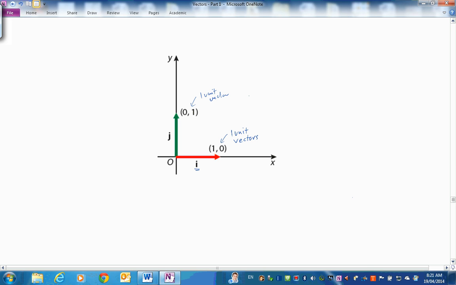So it's just another way of really explaining how you're displacing a point in the plane. How many lots of i and j you have. It's sort of emphasizing the idea that you have an x component represented by the lots of the unit vector i, and a y component by indicating how many lots of j you've got.